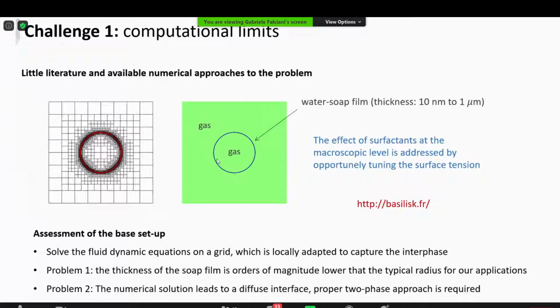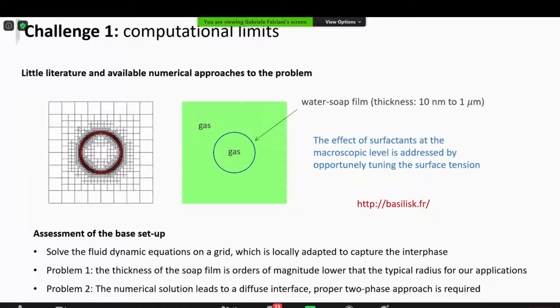Okay, here in the center of the slide, you see depicted a soap bubble moving in a two-dimensional domain as a first case study. We are using an open source code called Basilisk in order to perform this computational fluid dynamics simulation of the bubble flow.